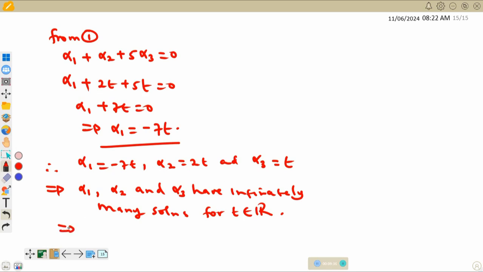And this implies that alpha 1 equaling 0, alpha 2 equaling 0, and alpha 3 equaling 0 is not the only solution.